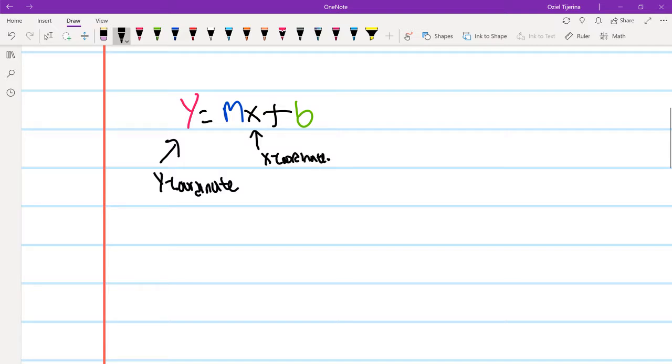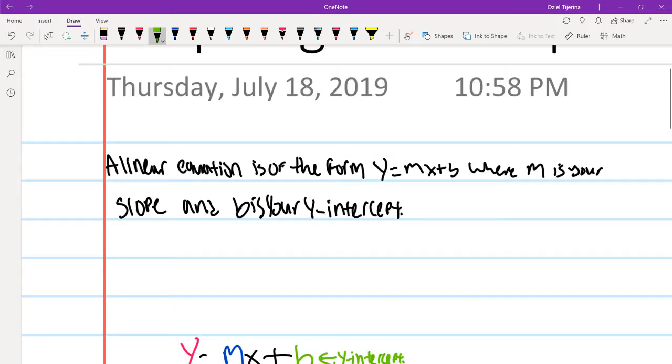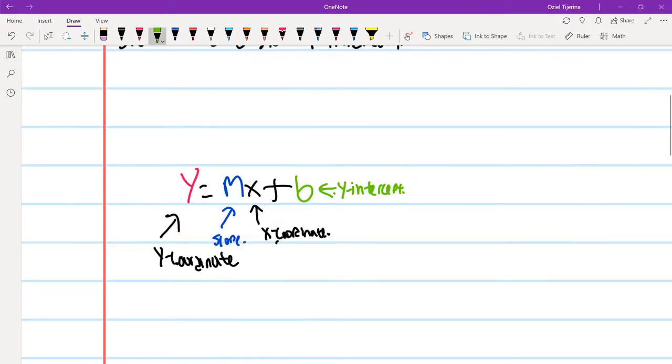Usually you wouldn't put them on here. This part right here is your slope, and this part right here is your y-intercept.